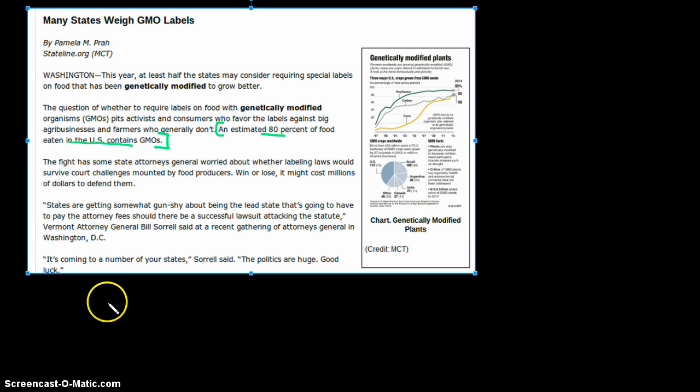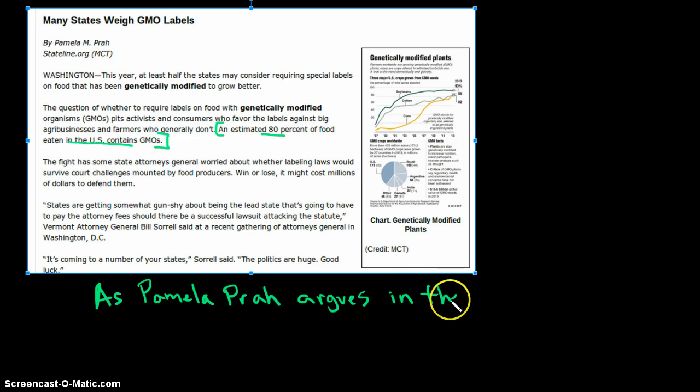And so going back, if we were to place this into our essay, in the middle of a body paragraph, we would need to say something like this. As Pamela, we can leave out her middle initial, argues in the article, and then we need to put in the article title.